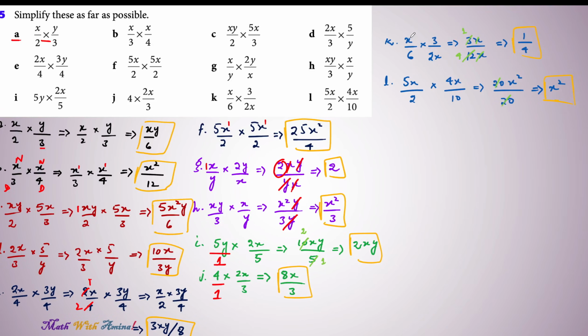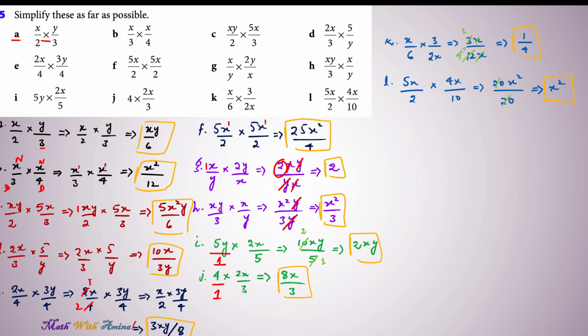Then we have x over 6 multiplied by 3 over 2x. X multiplied by 3 is equal to 3x. 6 multiplied by 2x is equal to 12x. As a result we get 3x over 12x. 3 multiplied by 1 is equal to 3. 3 multiplied by 4 is equal to 12.